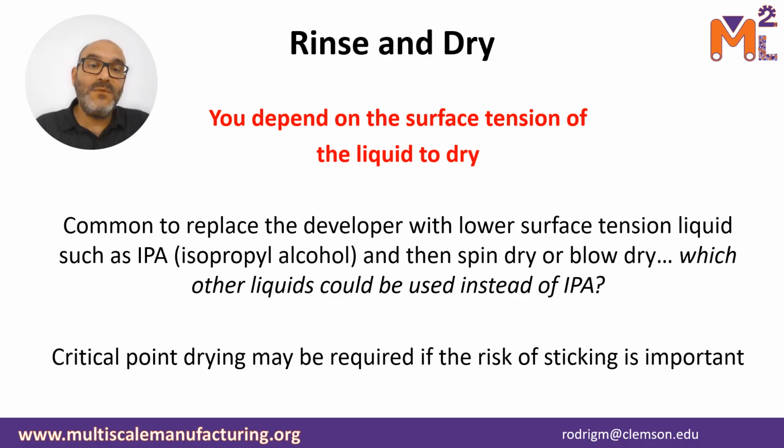After the developing, you will rinse and dry. So basically, you will start replacing the developer with something with different chemicals in order to facilitate the drying, right? It will be common to replace the developer with lower surface tension liquids, like IPA, such that you can then spin dry or blow dry.